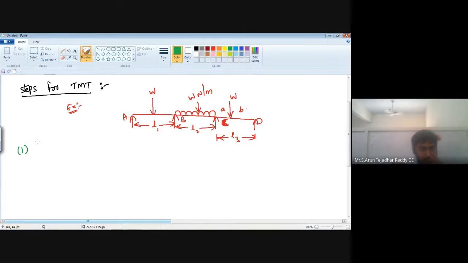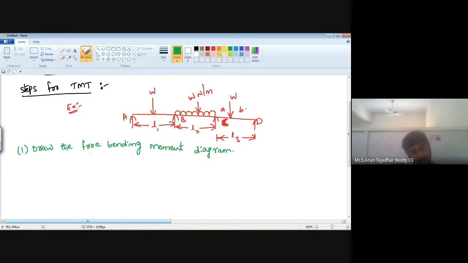First listen to what the steps are, then you can easily calculate by yourself. See, the first step here: draw the free bending moment diagram. This is the first step.